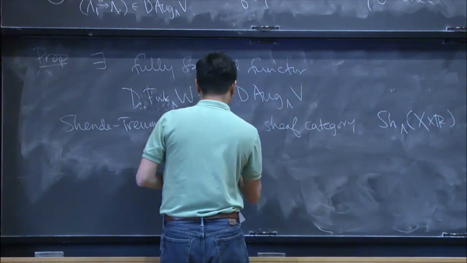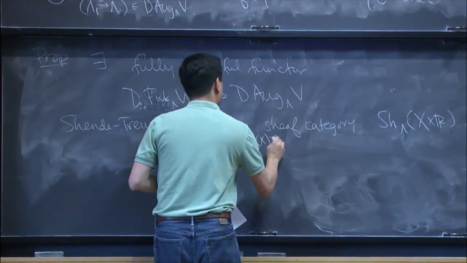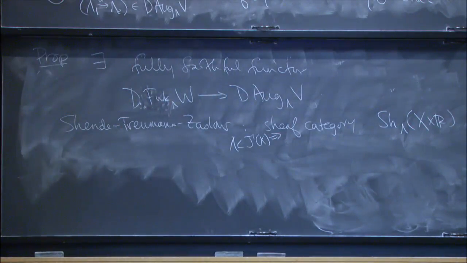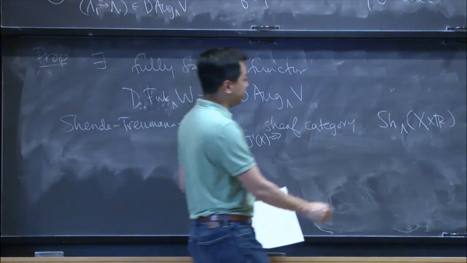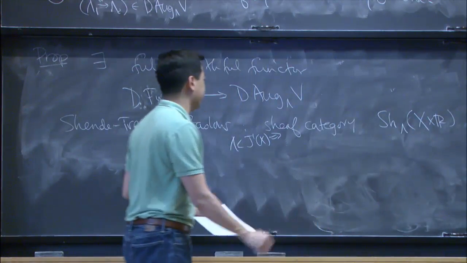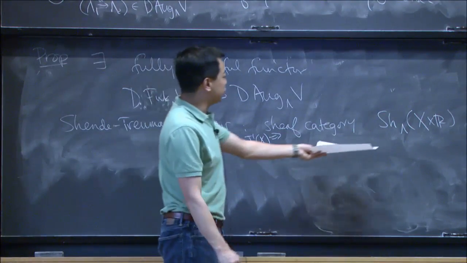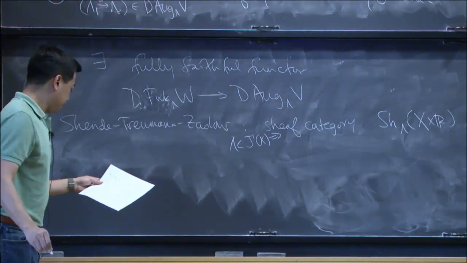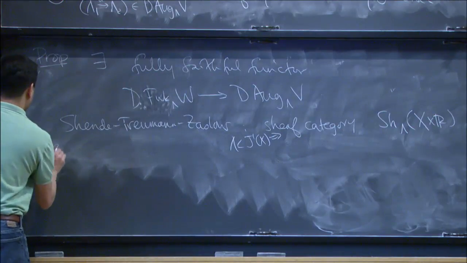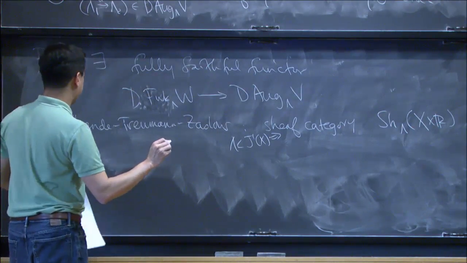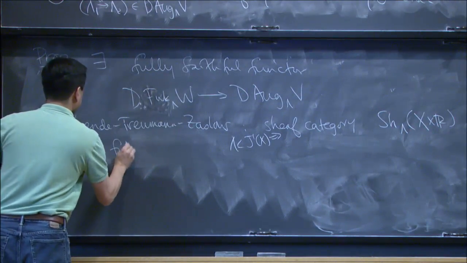So this is lambda in J1 of x. You get some sort of sheaf category of constructible sheaves on x cross r with micro support on lambda. I'm really not going to try to define any of that, but this is some sort of category. And then there's a little bit of work in progress that there exists a fully faithful functor.